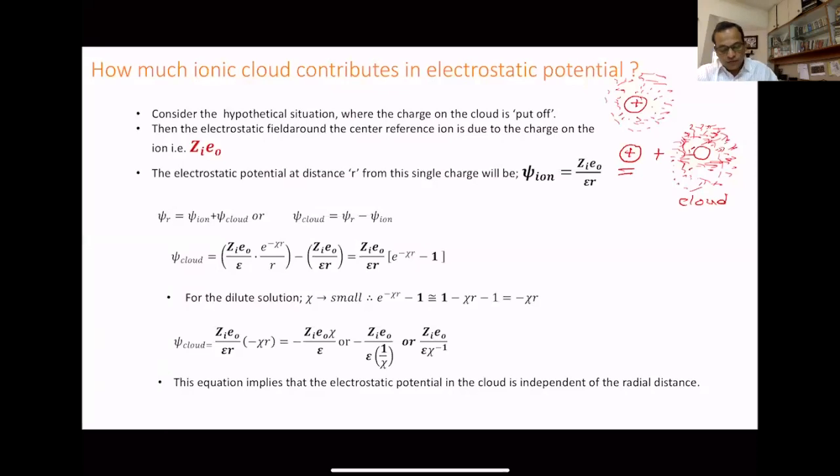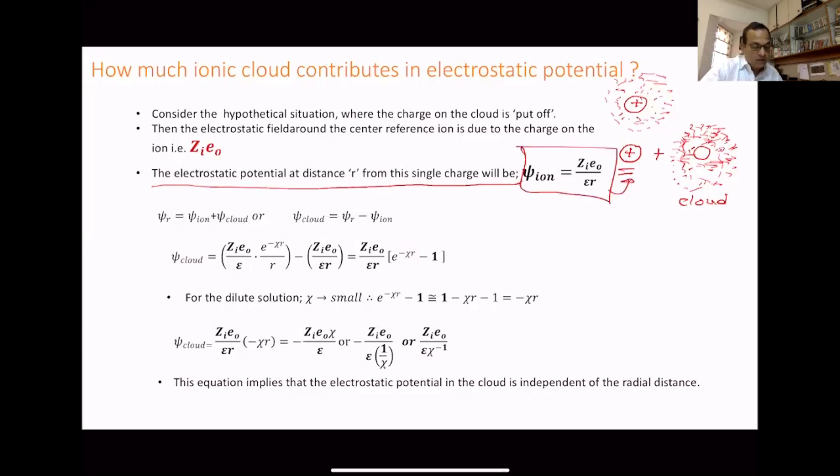So if you somehow remove the charge on the cloud, then definitely the electrostatic potential at distance r is only due to the single charge, which is going to be psi ion. That is this part. Now the total electric potential in the system is the sum of the electric potential due to the ion, that is this part, and the electrical potential due to the cloud, which is this part.